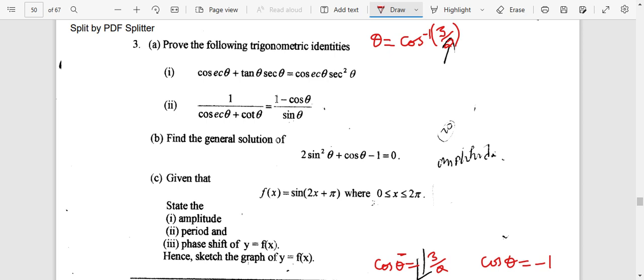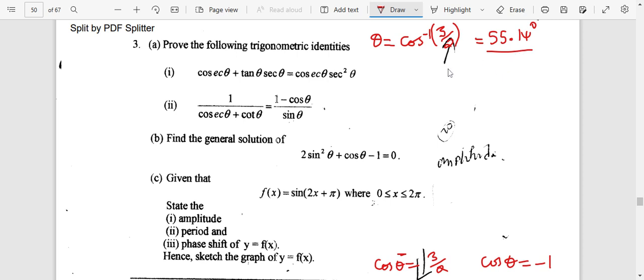So punch cosine inverse of 3 over 2. Okay, just give me a moment. Please, if you've got a calculator, you can help me punch that. So cosine inverse of 3 over 2 is giving me 55.14 degrees.